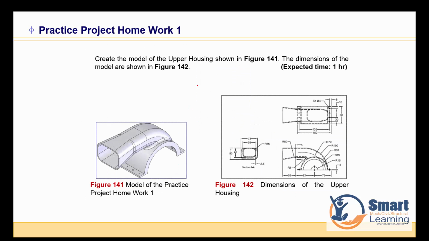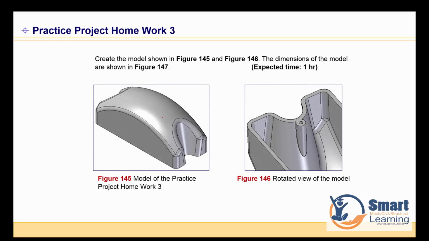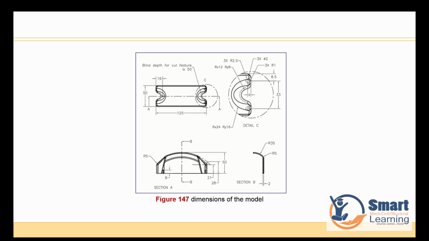And in homework, you have a couple of homeworks where you will be creating this lofted feature, and this also you'll be creating, and this another homework where you will be creating this particular feature. The dimensions are given here.